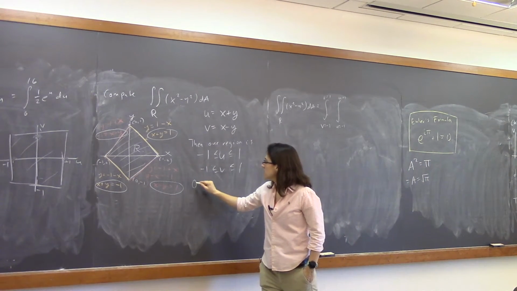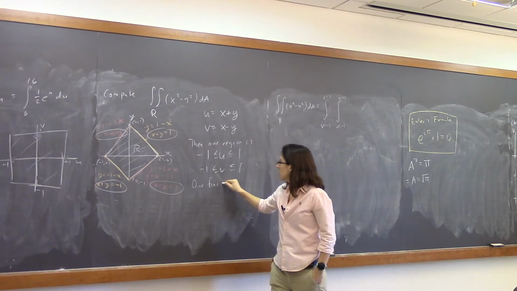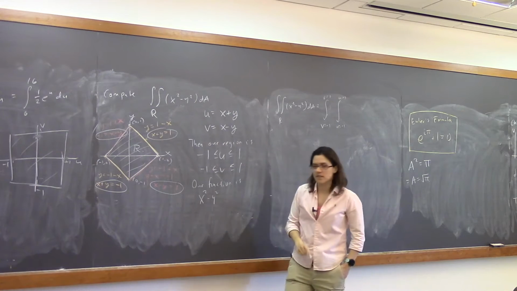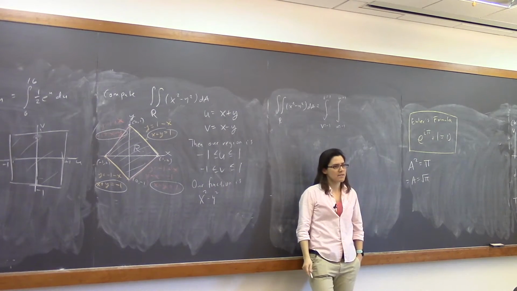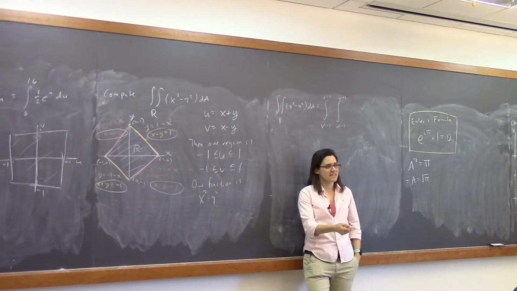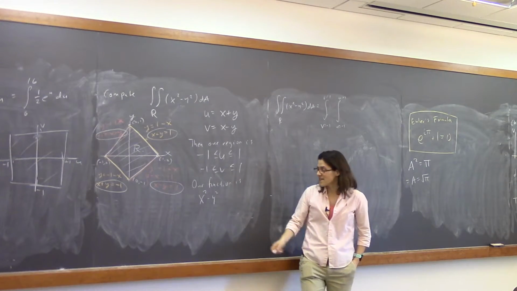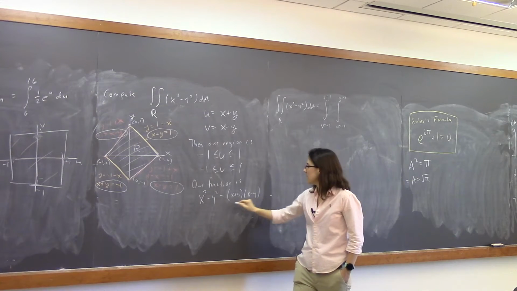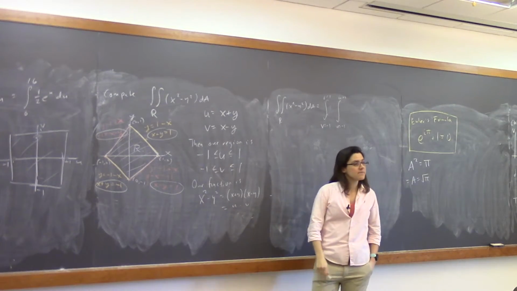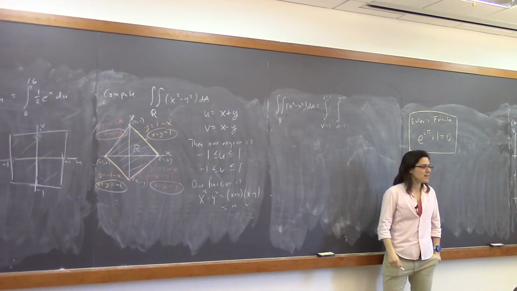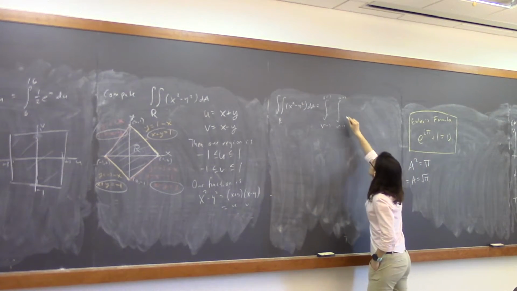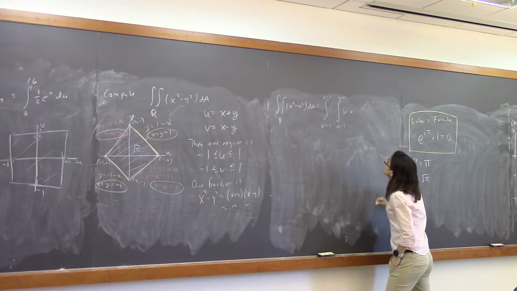So our function is x squared minus y squared. This has to play nicely with u and v also. You see how it plays nicely? You can factor this into x plus y times x minus y, which is u times v. So it was contrived this way, but things happen nicely sometimes. So our function is just u times v.